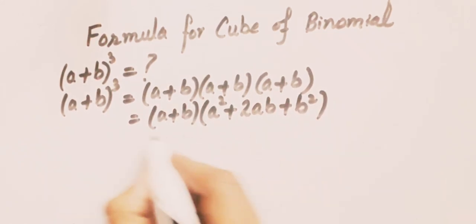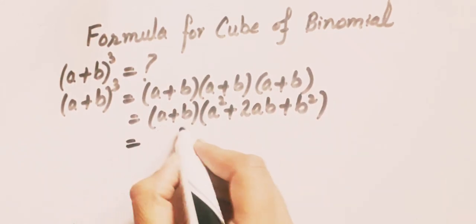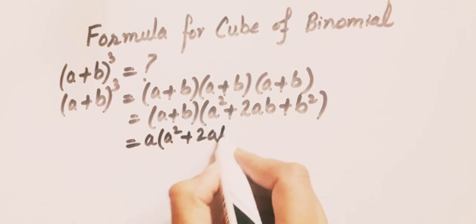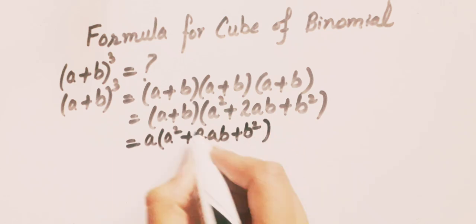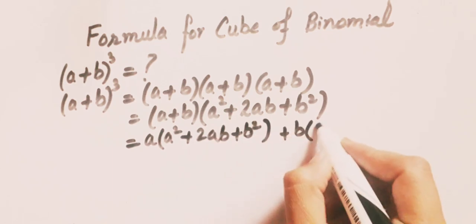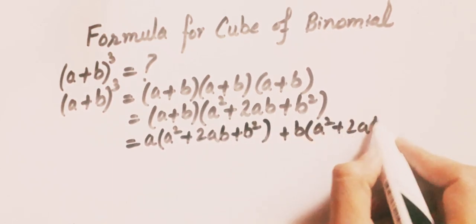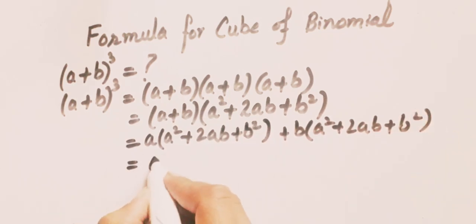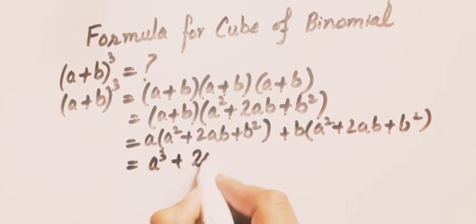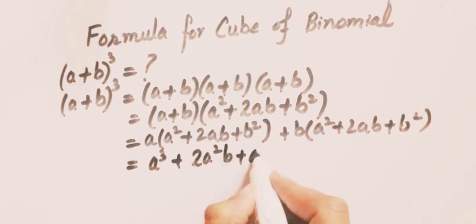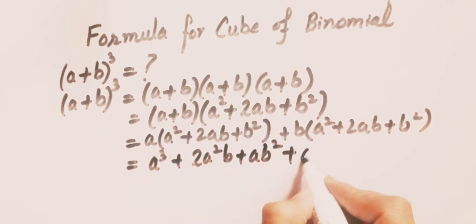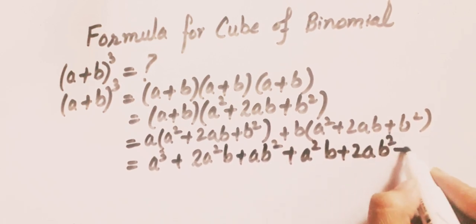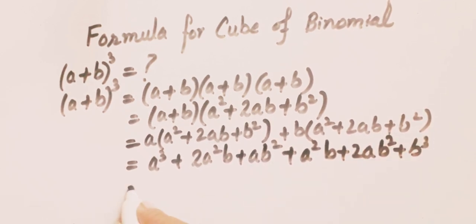So we will multiply a into (a square plus 2ab plus b square) and plus b into (a square plus 2ab plus b square). We will get a cube plus 2a square b plus ab square plus a square b plus 2ab square plus b cube.